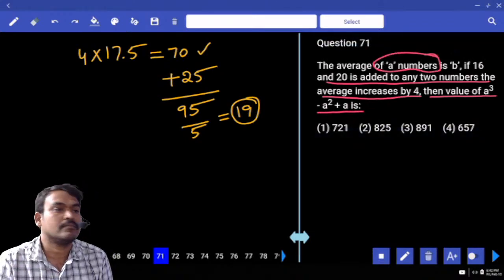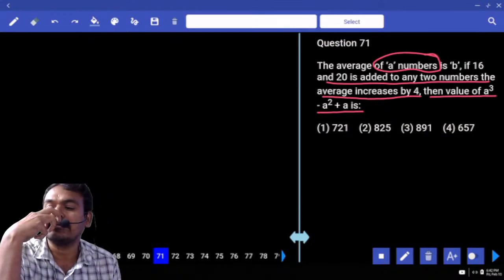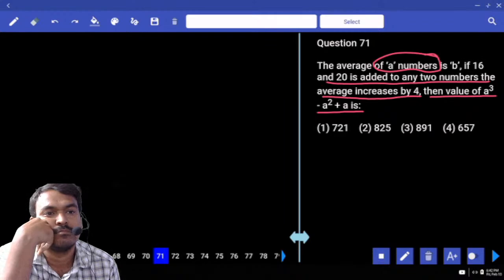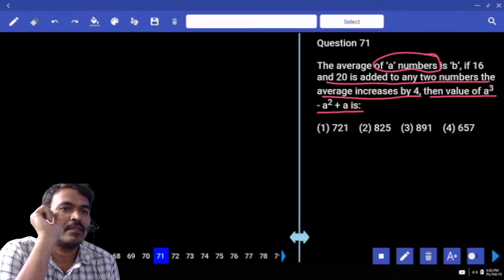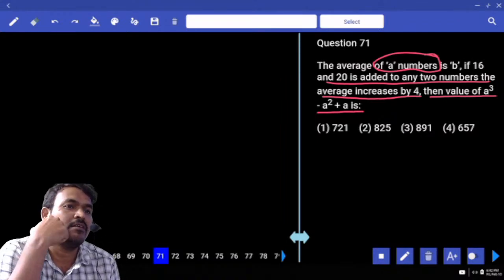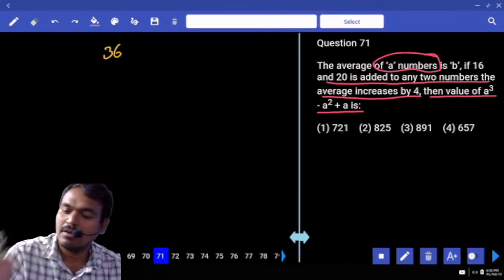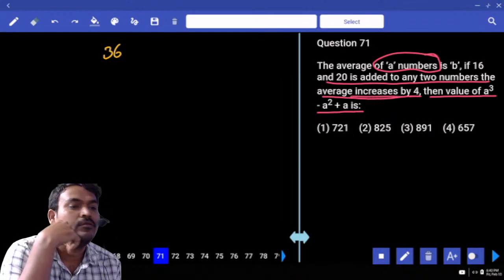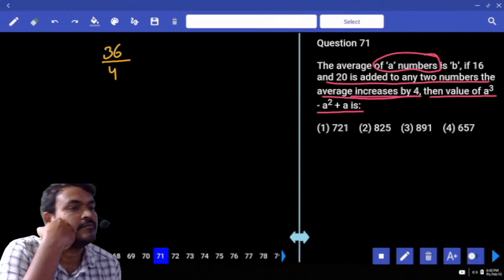How much is the sum increased? Originally we are adding 16 and 20, so the sum is increased by 36. But the average increased by 4, so 36 by 4.